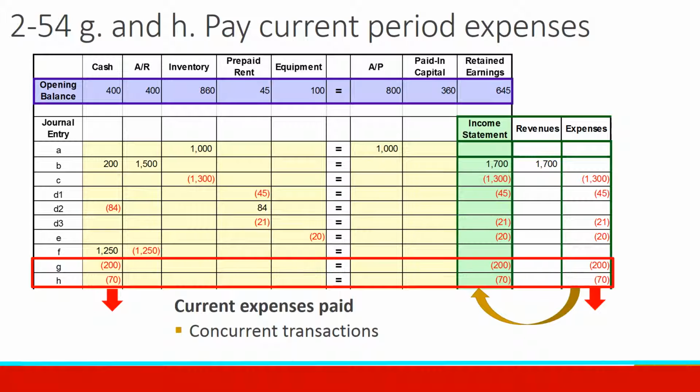So we're going to reflect for Requirement G an outflow of $200,000 in cash and an expense of $200,000, and for Requirement H an outflow of $70,000 in cash and a reflection of $70,000 in expenses. These are examples of concurrent transactions. There's no accrual accounting involved. The cash and the economic activity both occurred in the same time period.